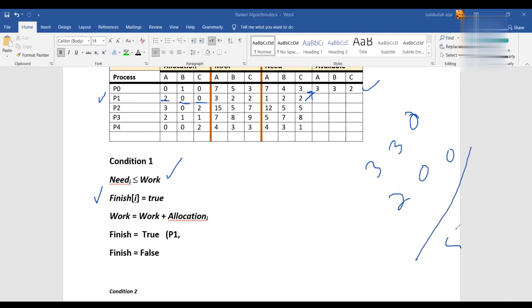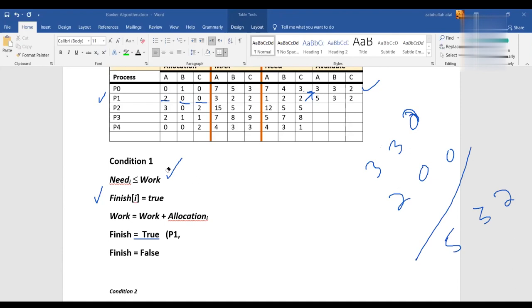So it's equal to 5, 3, and 2. So the available resource amount is increased. Now 5, 3, and 2. Done.